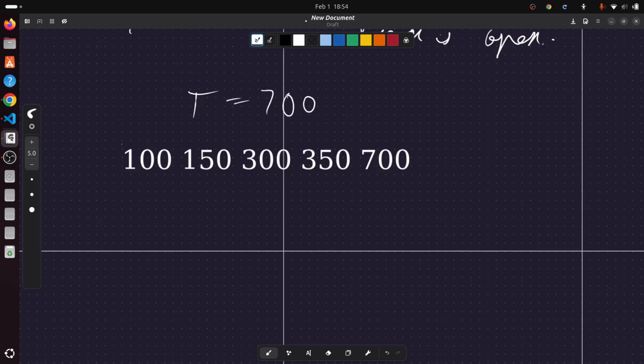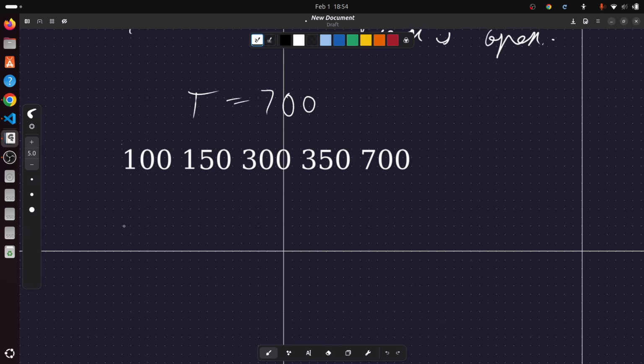Capital T is the total time for which the office is open. At time t equal to 0, the box is opened, and at time t equal to 700, the box is closed always, okay. In between, these things happen. Aoki cannot mind his own business, so he will come to our desk and try to see what's in the box, right?